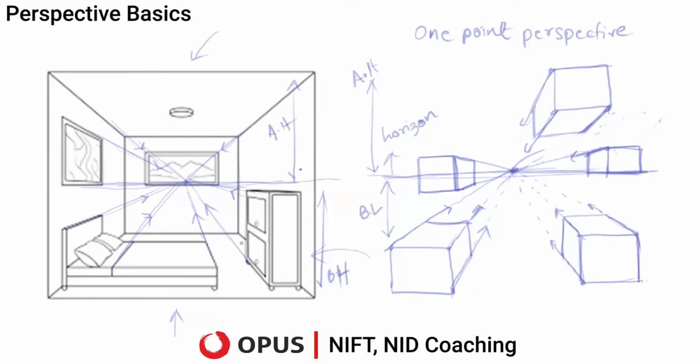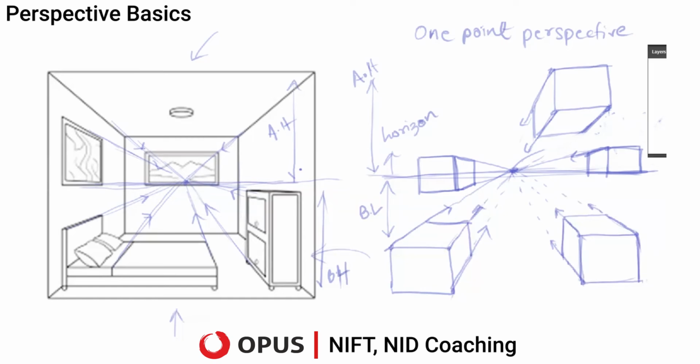Now given this, we will quickly try to draw and understand how this particular image can be drawn from scratch, and you can attain that same level of accuracy and also understanding of how to draw the inside of a room in 1 point perspective.